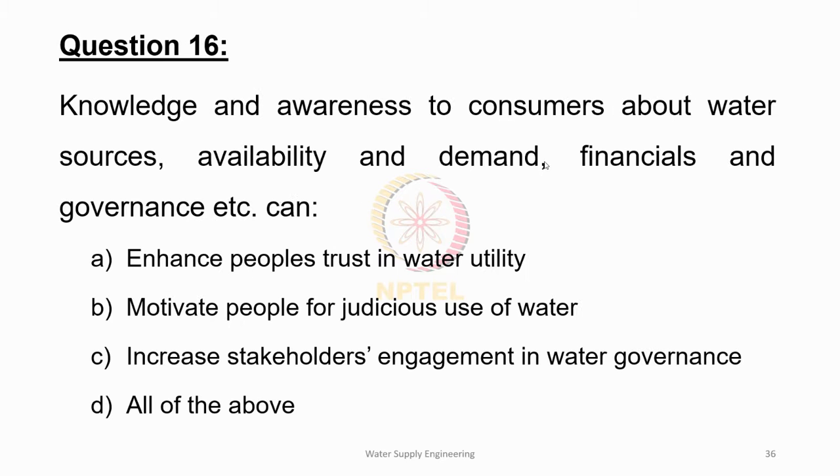Okay. So moving on to the next question. Knowledge and awareness to consumers about water sources, availability and demand, financials and governance, etc. can option A enhance people's trust in water utility, option B motivate people for judicious use of water, option C increase stakeholders' engagement in water governance, option D, all of the above.